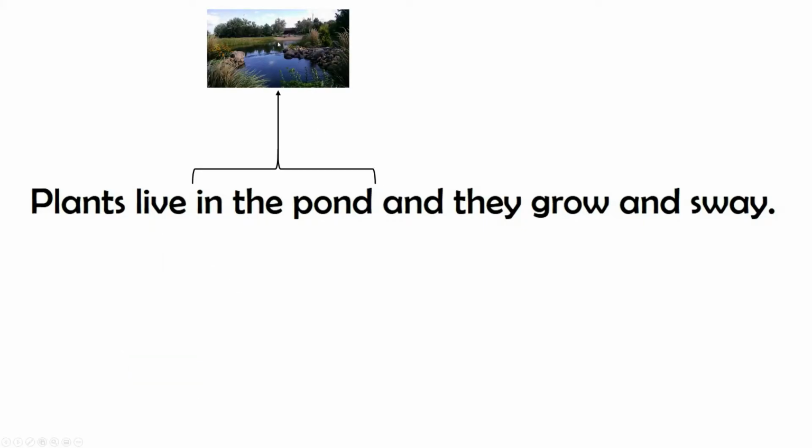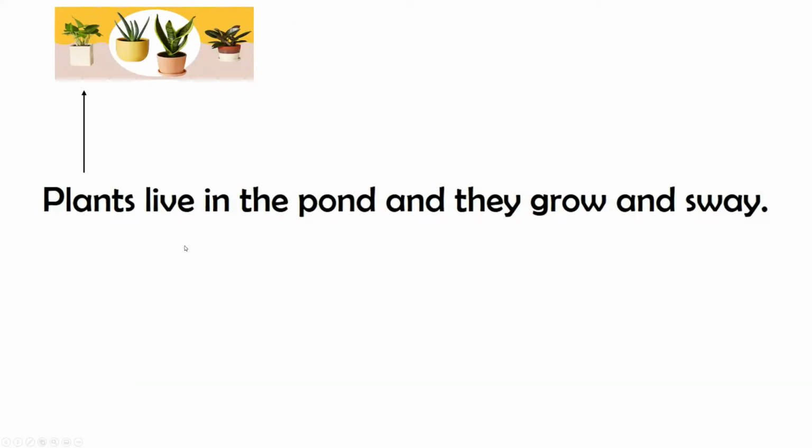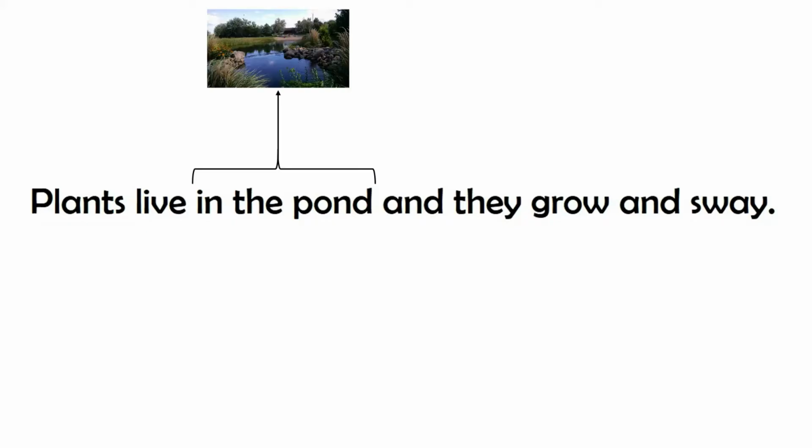So it means close to or inside of a pond. So there, in a pond, there's water, there's some rocks, there's grass, there's maybe some people or trees near it. So our plants live in the pond. Our plants are staying in this pond area.